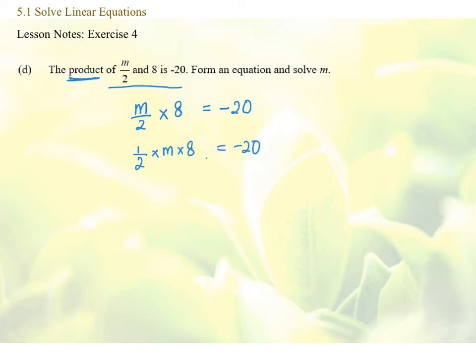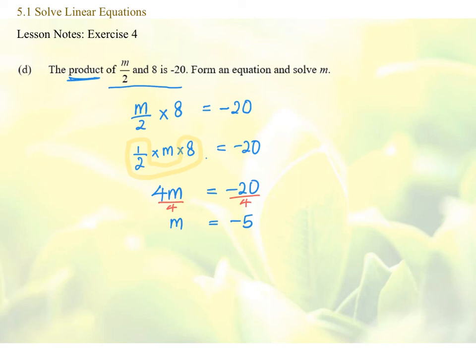We can multiply the numbers together first. So we will have half multiplied by 8, and that gives us 4m to be equal to negative 20. So m will now be negative 20 divided by 4.